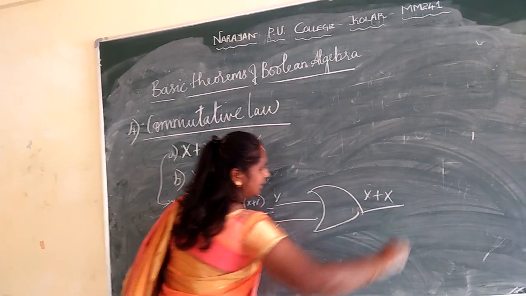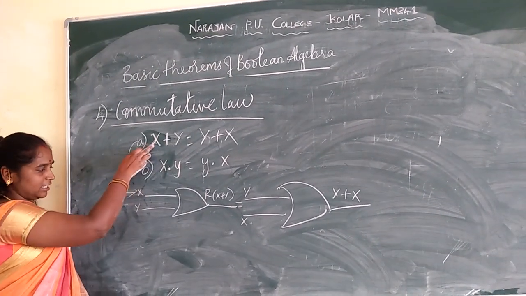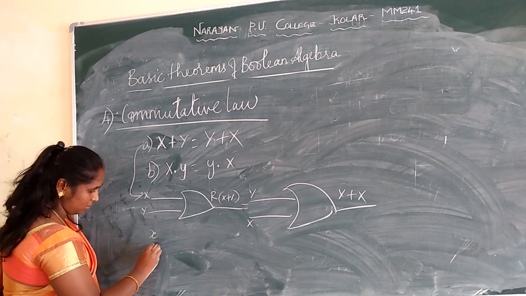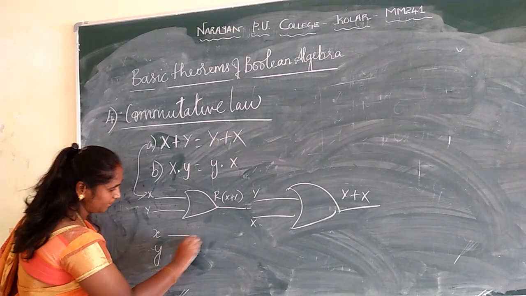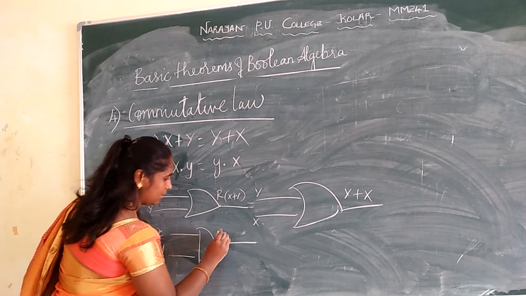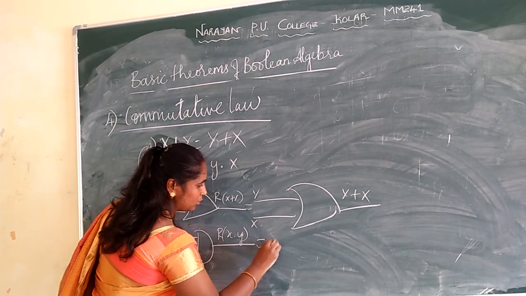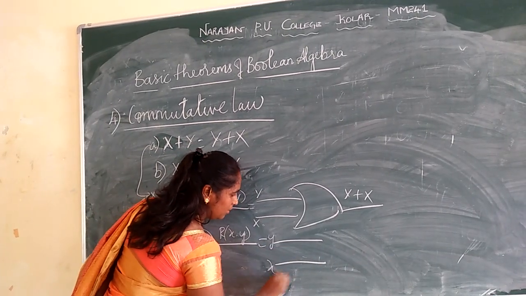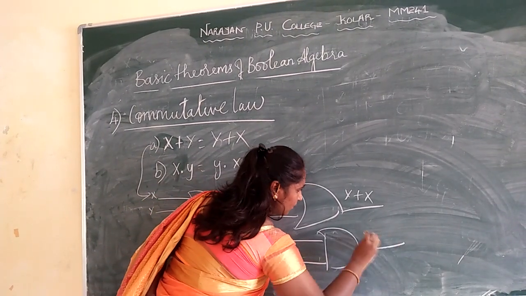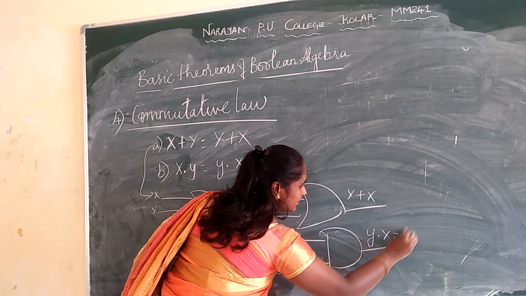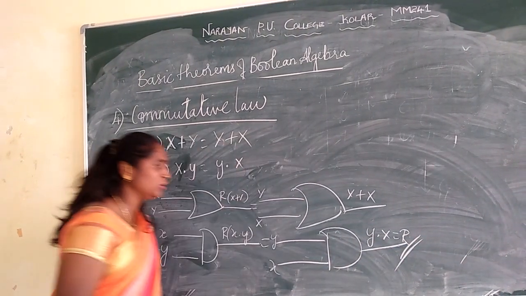That is the logic circuit of the first condition. Second, using an AND gate, x and y, the result r is x into y. This should be equal to y into x. R specifies the output or result.